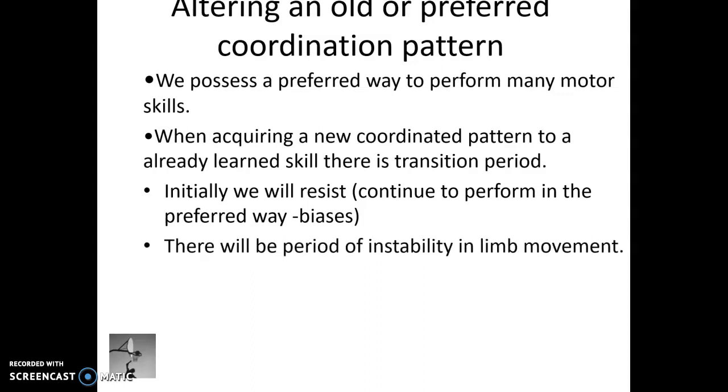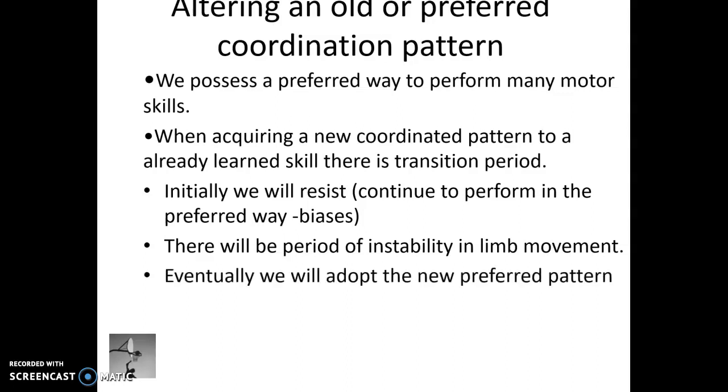There's that period of instability. We're actually doing worse. But eventually, if we hang in there, we will adopt the new preferred pattern. So as we look at someone who has already learned a skill and we're trying to reteach them a skill, we need to recognize they are going to go through this type of scenario where it's going to get worse before it gets better.